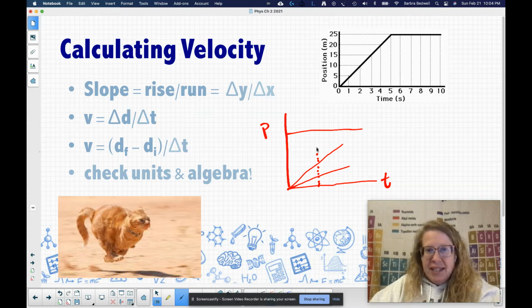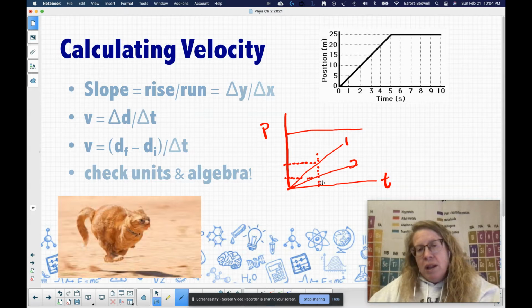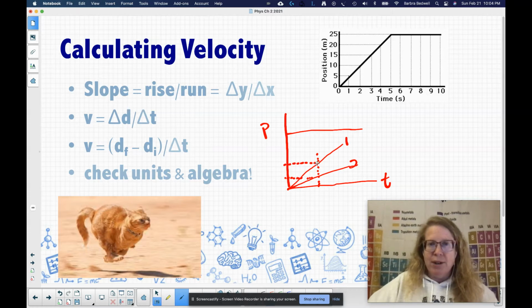If we're talking about this time right here, number 2 versus number 1, number 2 did not go as far as number 1 did in the same amount of time. Different ways to look at this. So this first line up here, line number 1, went 5 meters in this many seconds, whereas number 2 only went 2 meters in the same amount of time.